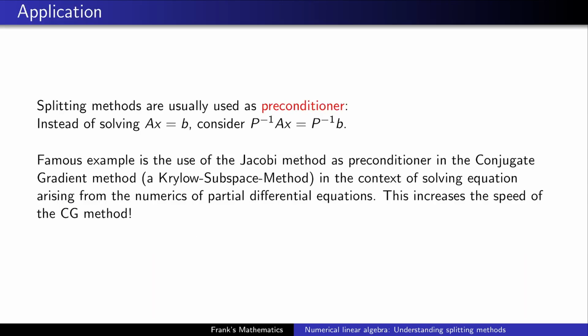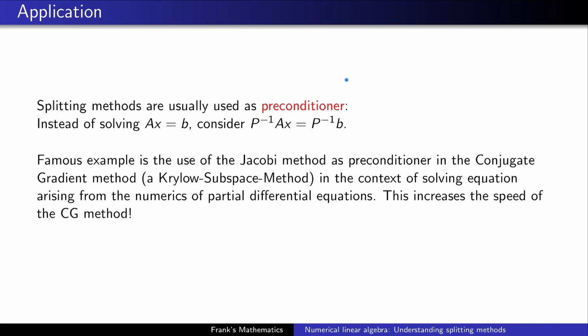We have now talked a lot about how to put splitting methods into general frameworks and do a lot of calculations, but what are they actually used for? Mostly splitting methods are used as preconditioners, meaning we want to solve Ax equals b, but instead of solving Ax equals b, we solve P inverse Ax equals P inverse b.